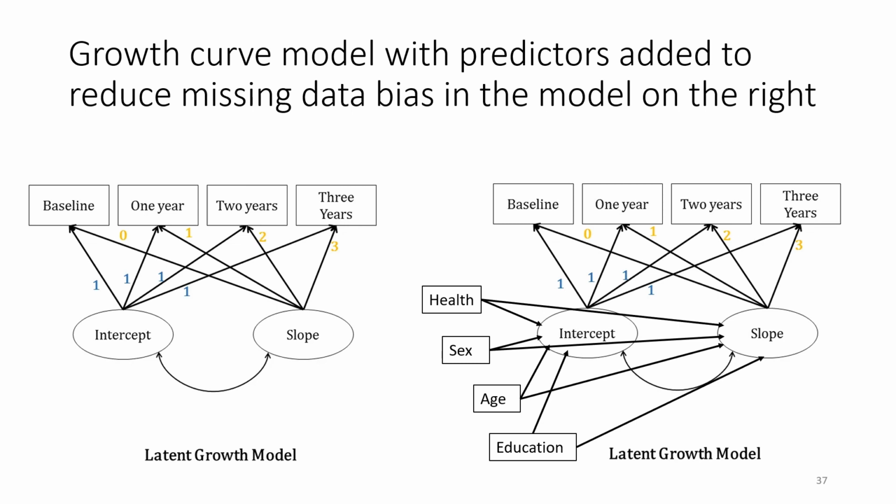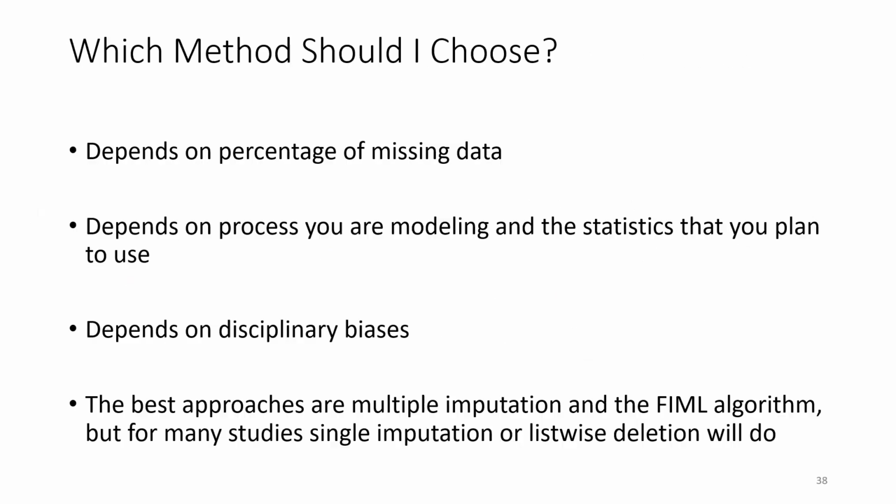They would improve the estimates of the intercept and slope, helping to reduce attrition bias. So it's a little bit complex, but this is the way that missing data can be dealt with using the FIML algorithm.